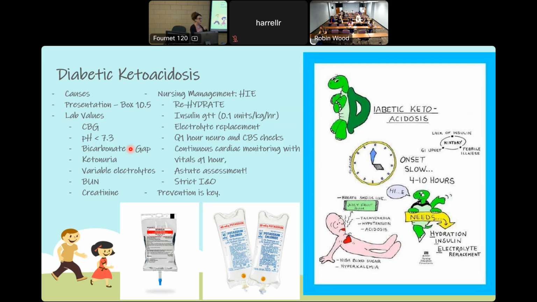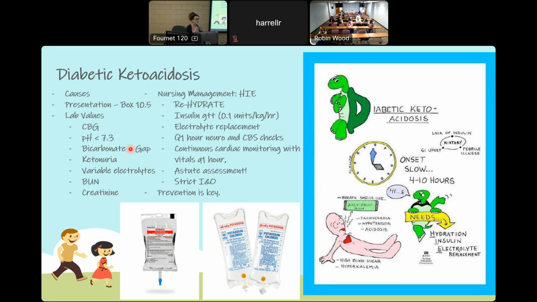Potassium's typically in the cell. Well, when we have an acidotic situation, it jumps out so that hydrogen ions can jump in to try to offset that acidosis. So initially we might be super hyperkalemic because of that jumping, but then once we start peeing everything out with the diuresis phase that we're going to see, they might lose most of their potassium in their urine. So really it just depends.